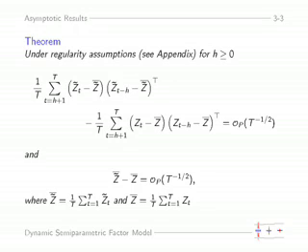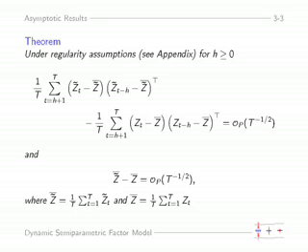Suppose God gives you the true Z's. Then you look at the covariance matrix of the true Z's, and here are the estimated Z's. You see this difference is of smaller order than T to the minus 1/2. So over time, you learn from the estimated Z's.